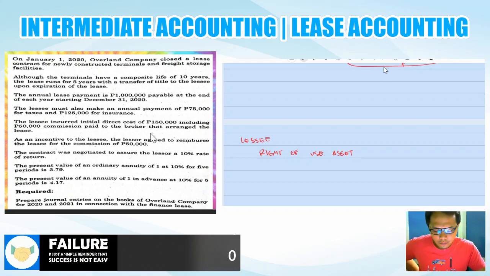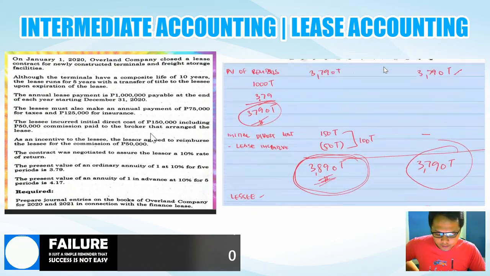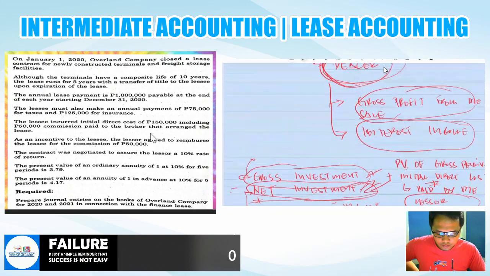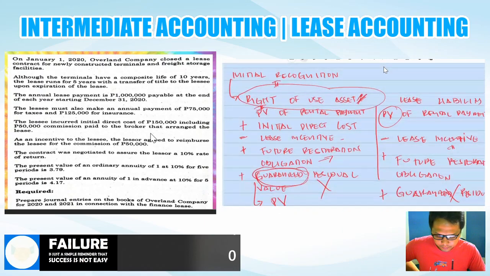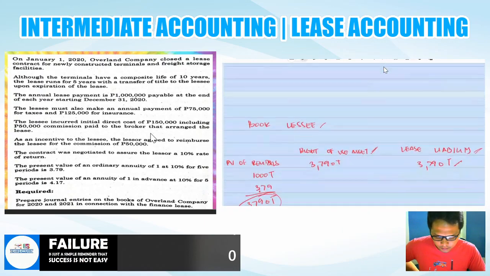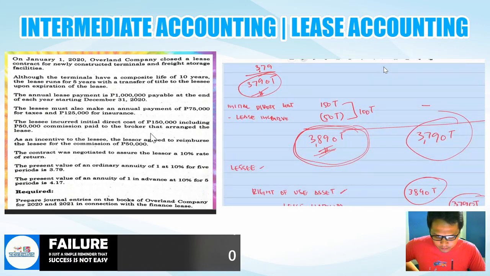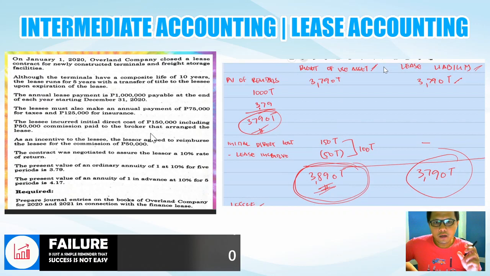Now, if we go back to our entry for the right of use asset or on our computation, okay? Diba? Ito. Diba? Our right of use asset, we have already computed it at 3,890,000.